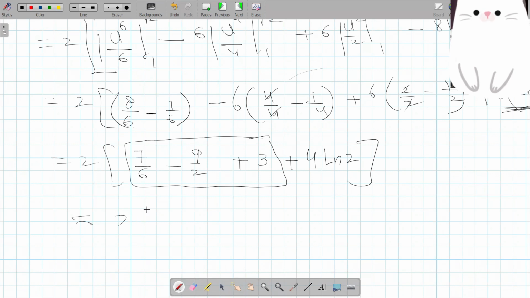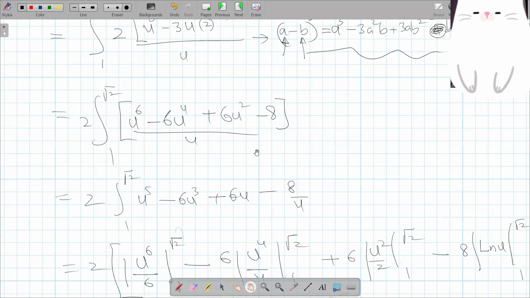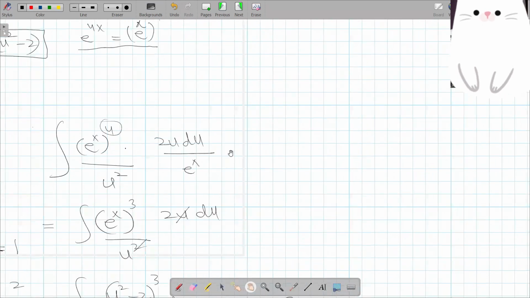Minus 9 over 2 plus 3. Negative 1/3. So negative 2 by 3 plus 8 log of 2. Let's compare it with the answer and check it once.